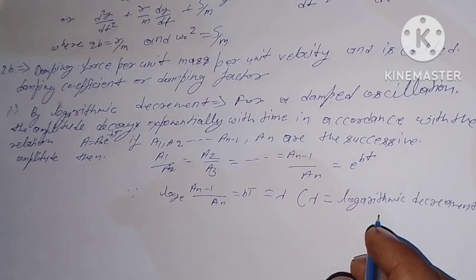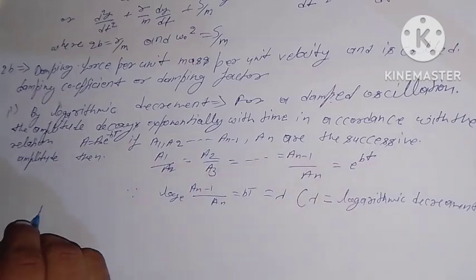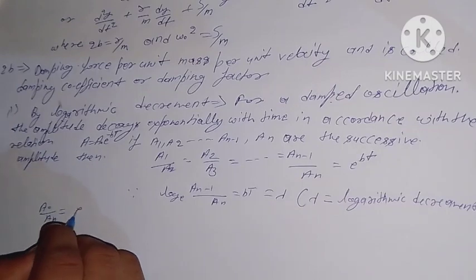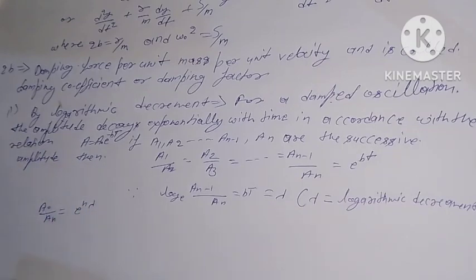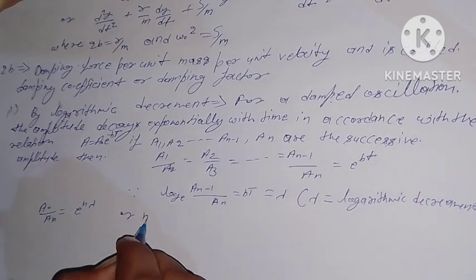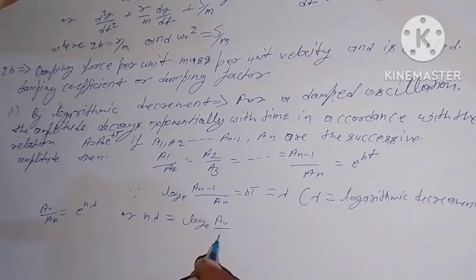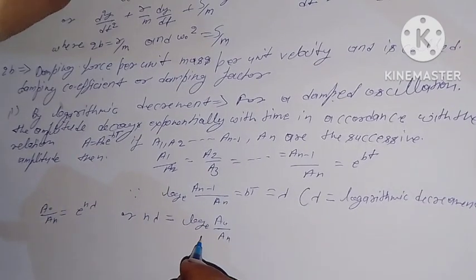The value of λ is determined by comparing two amplitudes which are n periods apart, so that a₀/aₙ = e^(nλ), or nλ = log(a₀/aₙ).